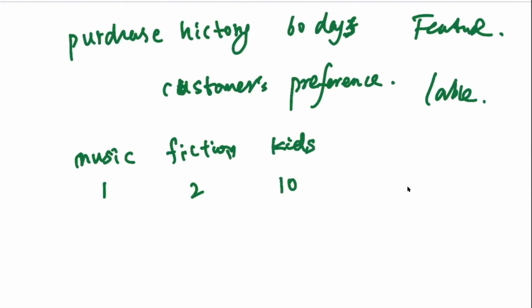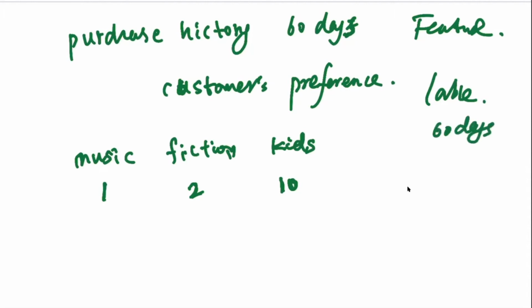And you should formulate the label then. The label could be what kind of books the customer will buy in the coming days, maybe 60 days.